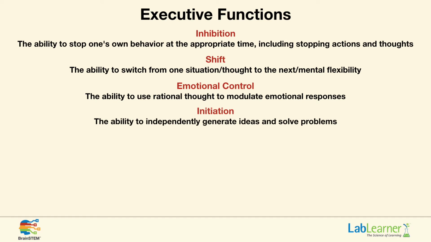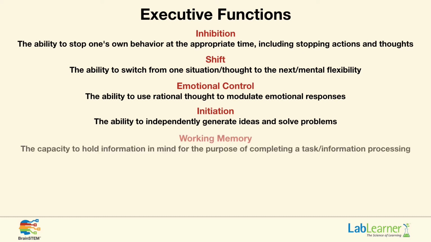So we have inhibition, shift, emotional control, and also initiation. And this is the ability to independently generate ideas and solve problems. So you're really shifting. You have to inhibit one set of thoughts, shift to new ones, and then initiate problem solving.